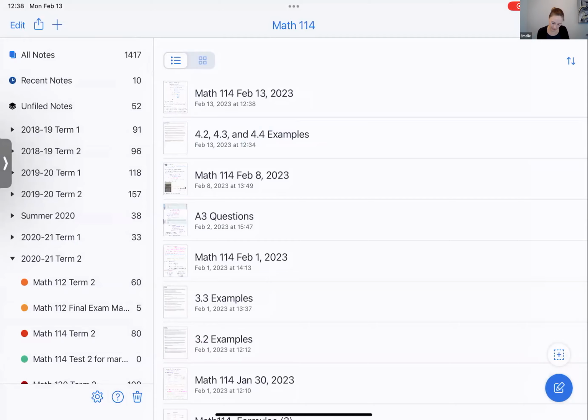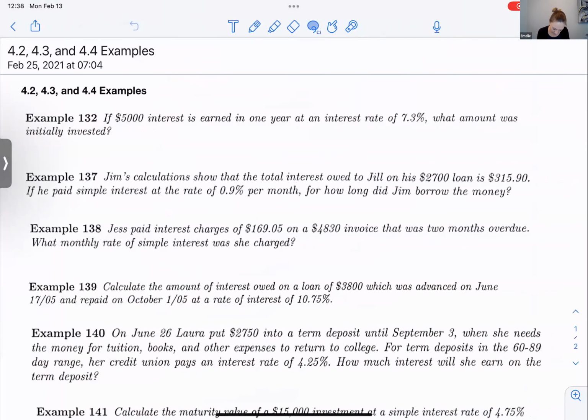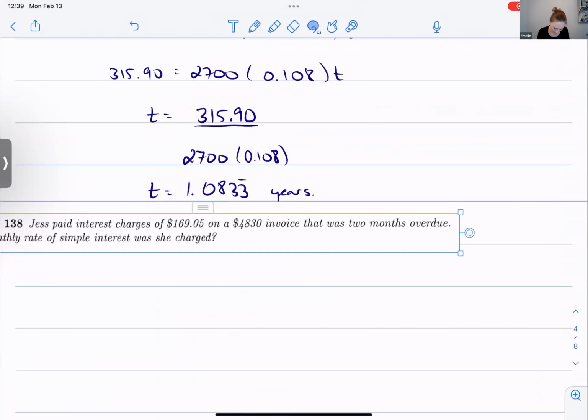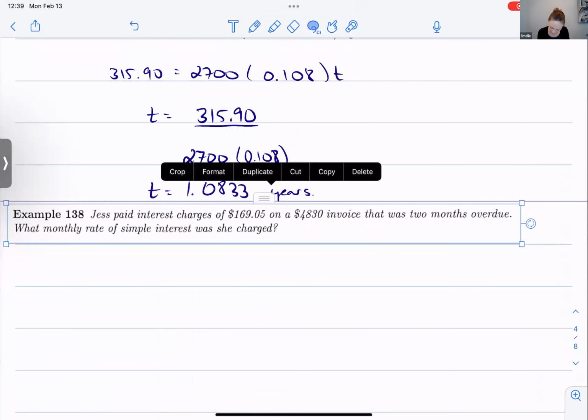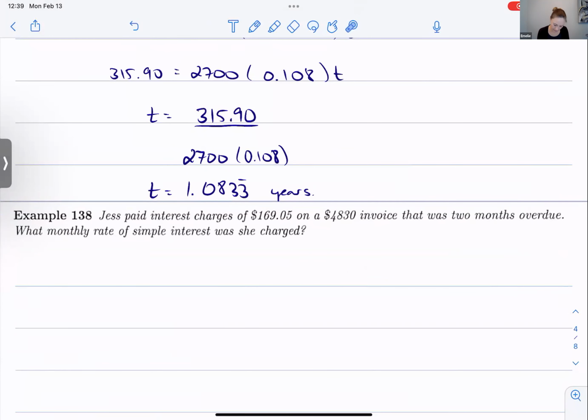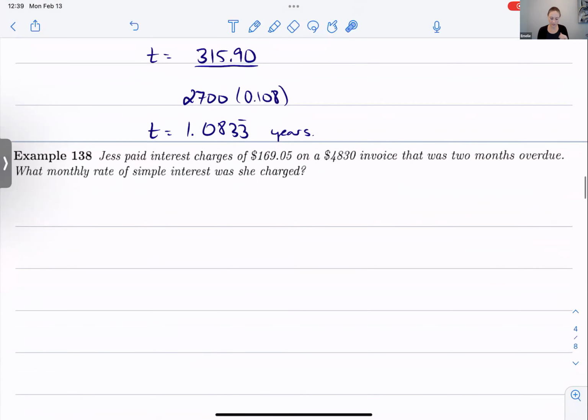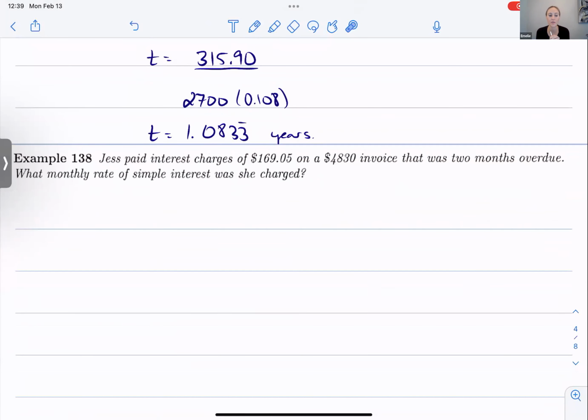Let's do another example. And this one, I'm going to let you try on your own. It says just paid interest charges of $169.05 on a $4,830 invoice that was 2 months overdue. Notice it's in months.